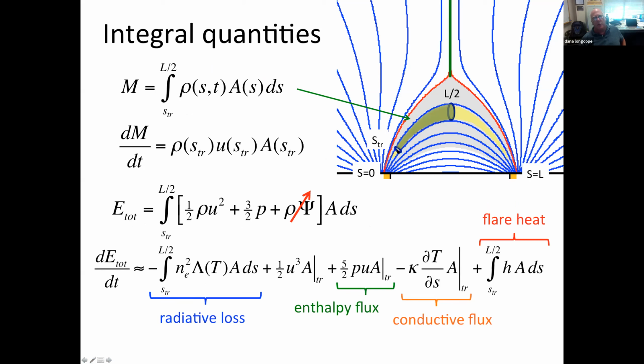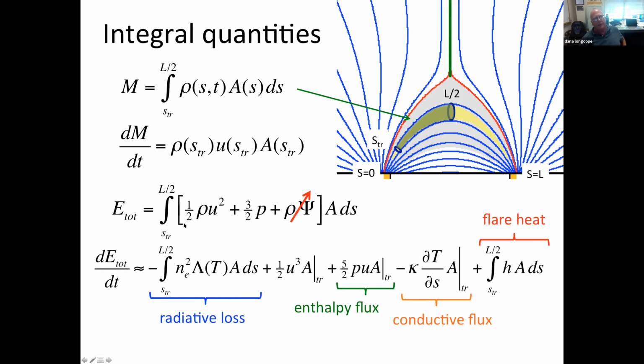It's something called the transition region. But the important thing is I have a region and I integrate all the mass that's in that loop. And the mass evolves basically if there's flow across this boundary. Okay, so the increase in mass has to do with the density at that boundary times the velocity times the area, right? That's no surprise.